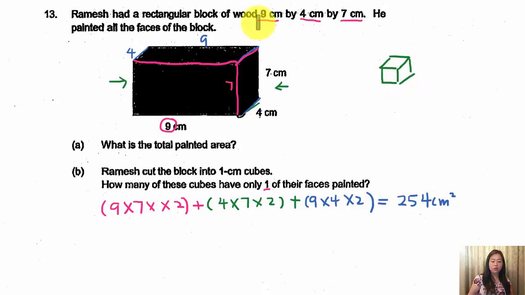So to have one of their faces painted, this is the part that they will paint. Okay, notice that for corners like here, it will be two faces painted, here and here.